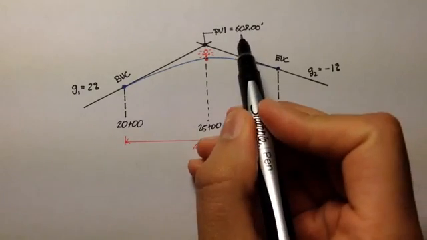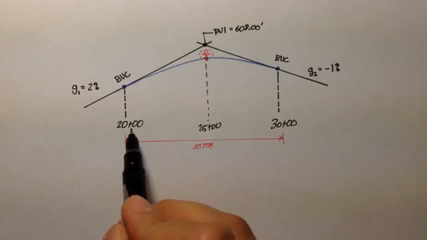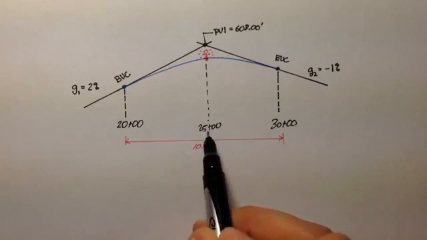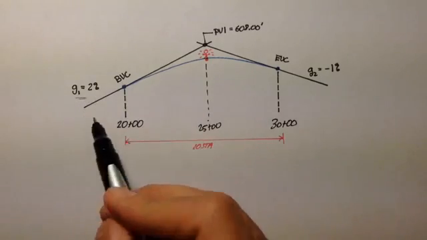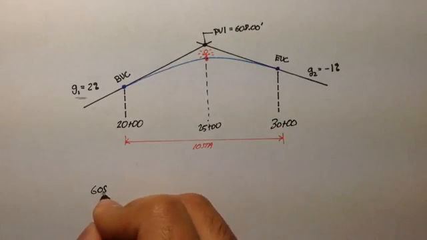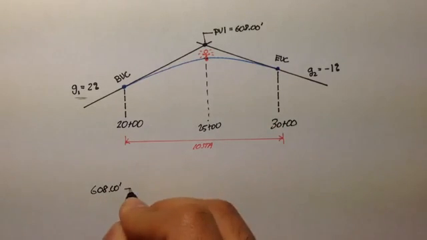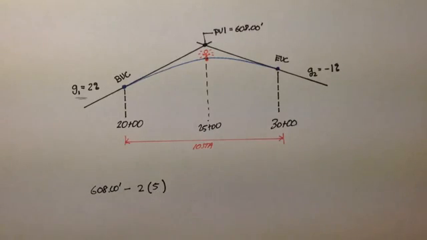So we can use the 608 elevation of PVI. We can use the distance from 20 to 25, so that's 5 stations, and we also have the grade. Entering grade is 2%, so simply 608 minus the grade times the distance in stations.